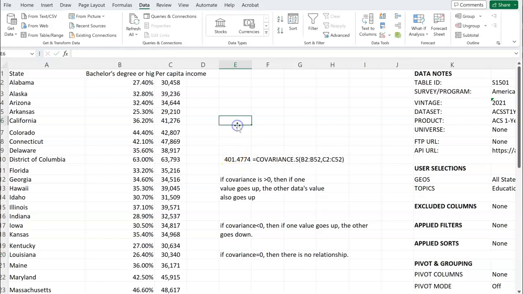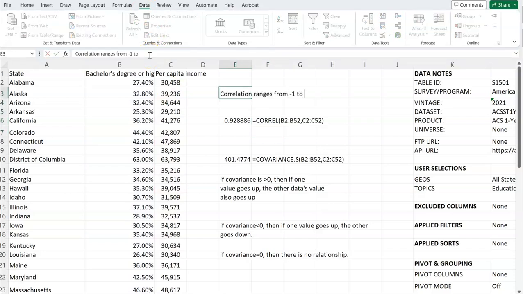The other number we use is correlation, which we will just say equals correl. And again, we select those two columns of numbers, and it gives us a number. Because the covariance number does not really tell us whether numbers are more correlated or less correlated, we use the correlation number. Correlation ranges from -1 to 1. So 1 means perfect correlation.